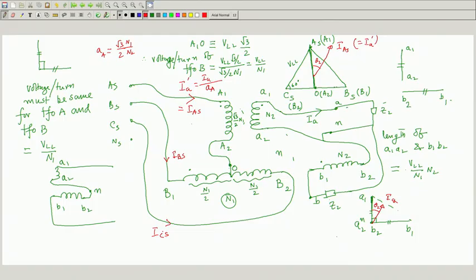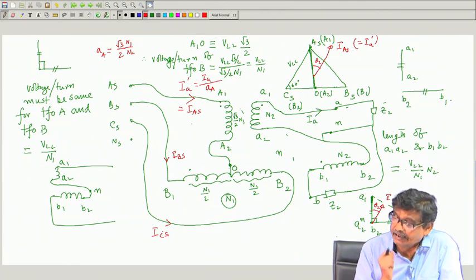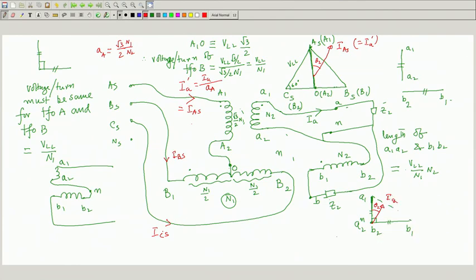So, same rule, that is MMF must be balanced. Now, in this case it will be slightly tricky in the sense that this current, suppose I say this is I small b, the secondary line current, through the dot I b current is coming out. Therefore, there will be a reflected current here on the primary side, and that reflected current in terms of I B S and I C S, if I write, I will balance the MMF.